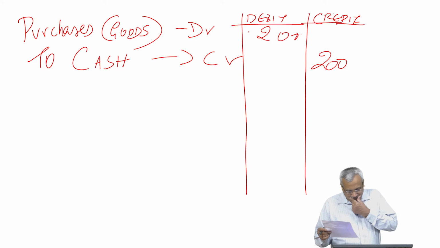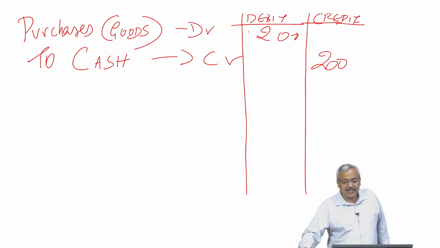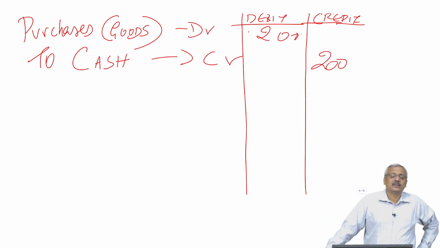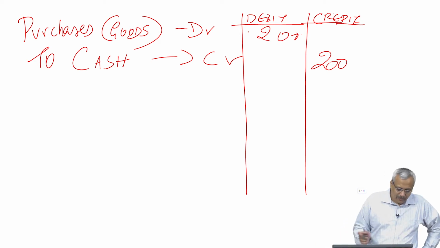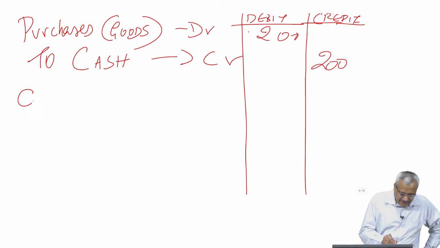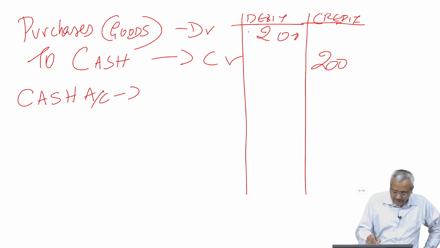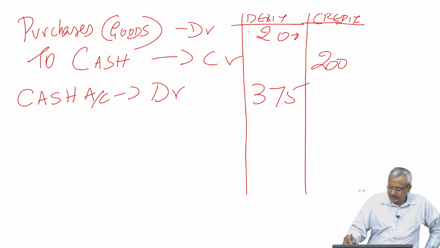Next, it says cash sales to the extent of 375. The moment it says cash sales, please note what is happening. Cash is coming into the business, so cash account is debited. The amount is $375.